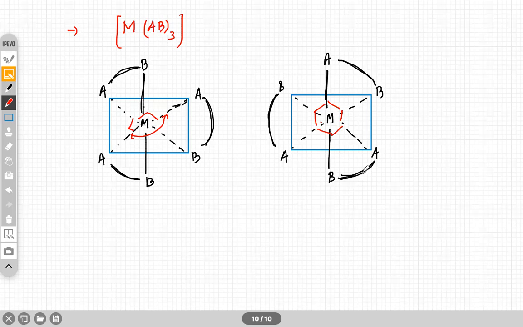The second one, if you compare this with the facial and meridional one, in this one all A are present at 90. So this one is FAC and this one is MER. It looks different, but all A are at 90 here also, and in facial also all A were at 90.